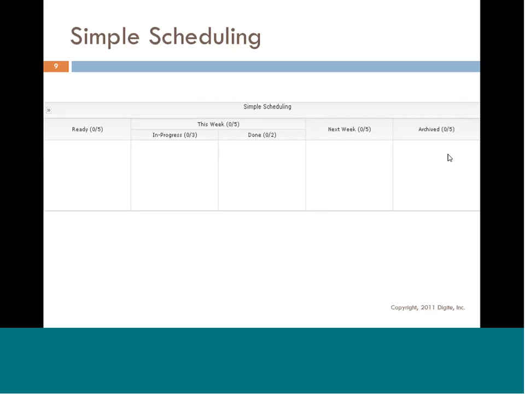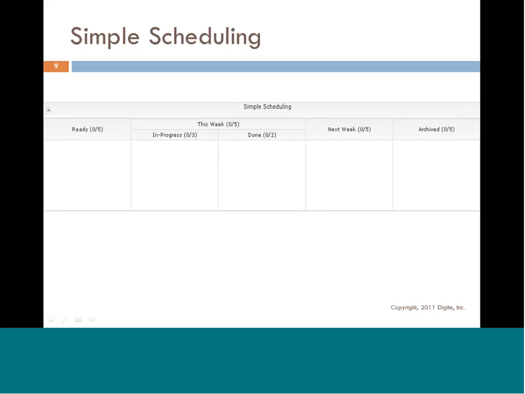Here's a very simple way, just to give you an idea of how you can implement a simple scheduling system. This is a ready queue, and let's assume you have a 2-week scheduling cadence. That is, every 2 weeks you look at all your backlog and say, what am I going to do this week? What am I going to do next week?